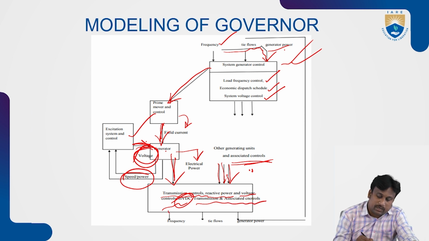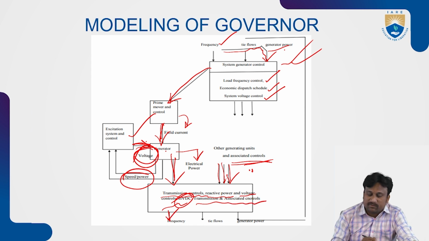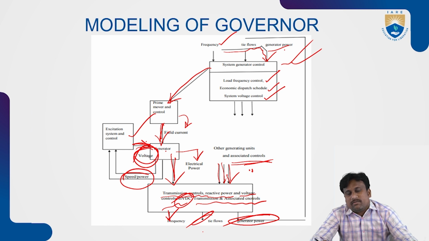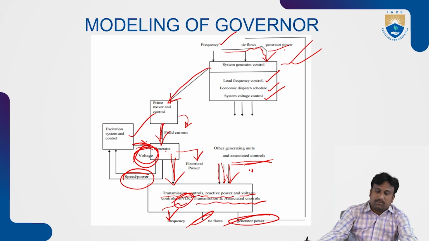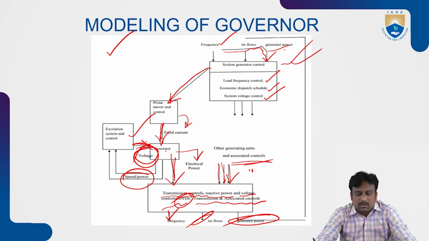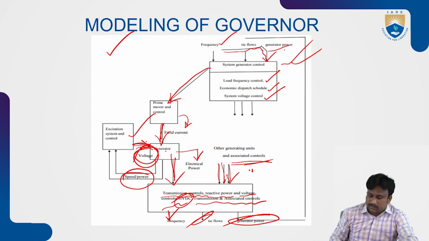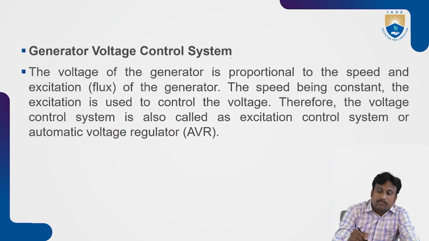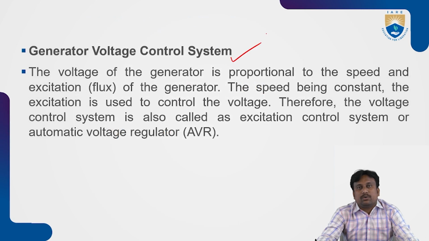Here you can monitor the required frequency with tie line inflows connected into the system, and finally you can get the finalized generated output power. Likewise, power system operation and control uses these blocks to control all the power aspects. What is the generator voltage control system?